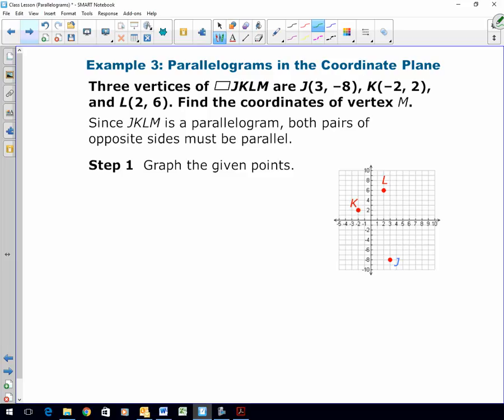How many do I go up from K to L? Count them with me. 1, 2, 3, 4. 4 up. How many do I go to the right? 1, 2, 3, 4. Start at J. Guess how many I'm going to go up? 1, 2, 3, 4. Guess how many I'm going to go right? 1, 2, 3, 4.